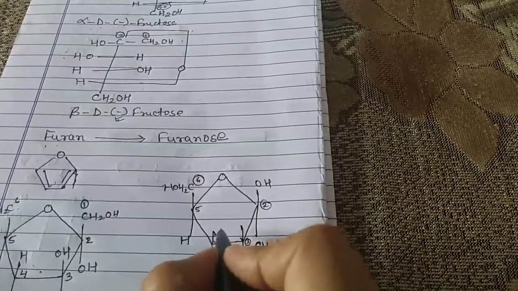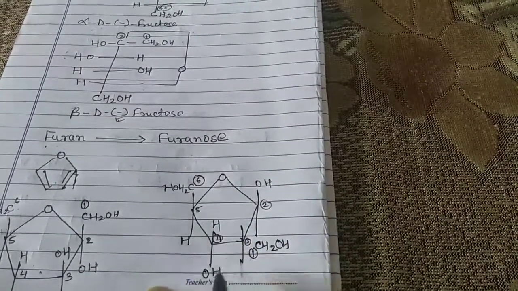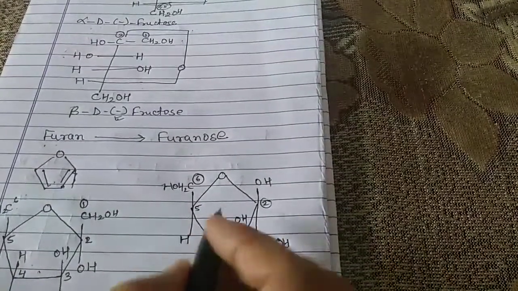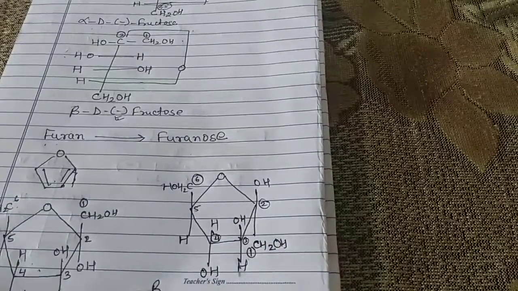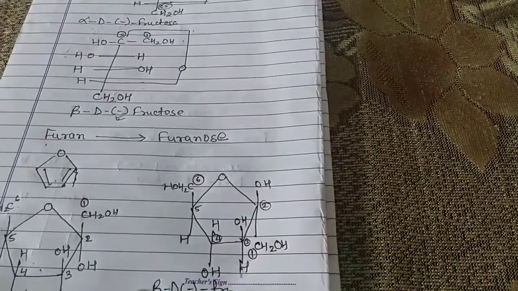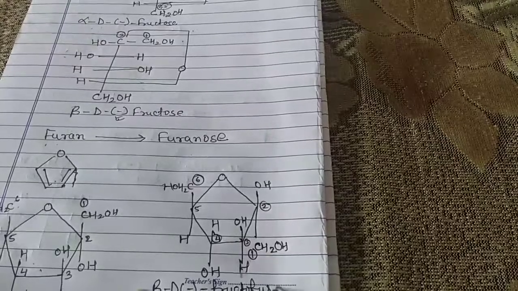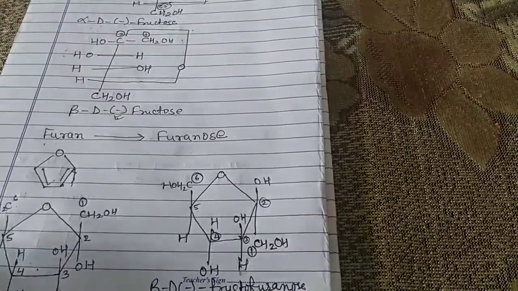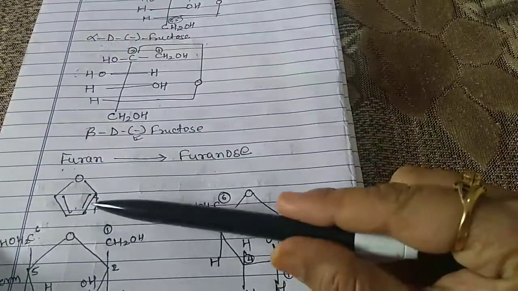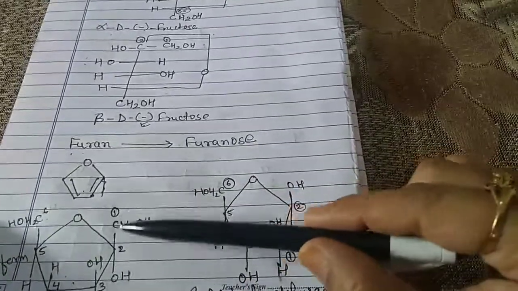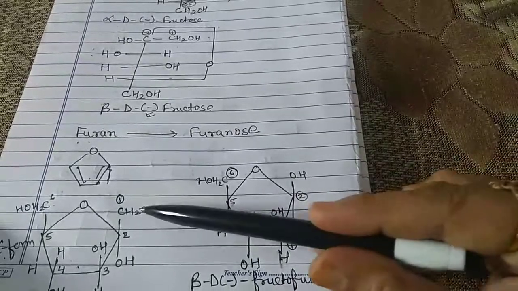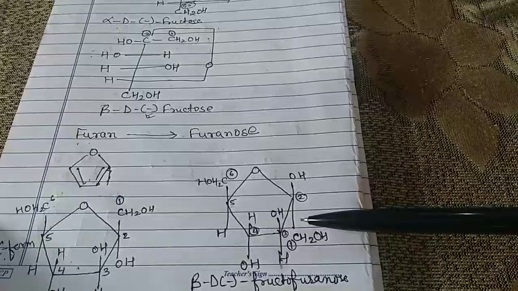Now here H, OH, OH, and H. Now this form is beta D minus fructofuranose. Both structures are the same, only this is the ring structure, and in this structure we use the furan ring. The number and the sequence of CH2OH, CH2OH is the same. That's why it is termed as alpha and as beta.